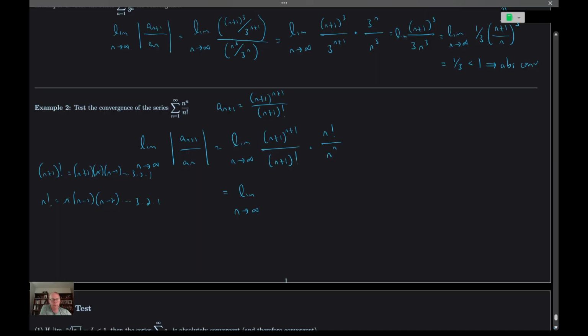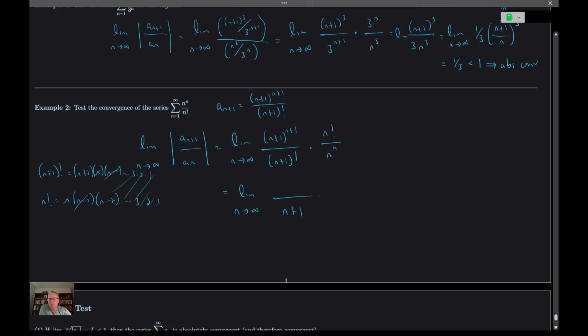So the n's will cancel, the n minus 1's will cancel, and every other term will cancel except for this one, n plus 1. So n factorial over n plus 1 factorial will leave an n plus 1 on the bottom.